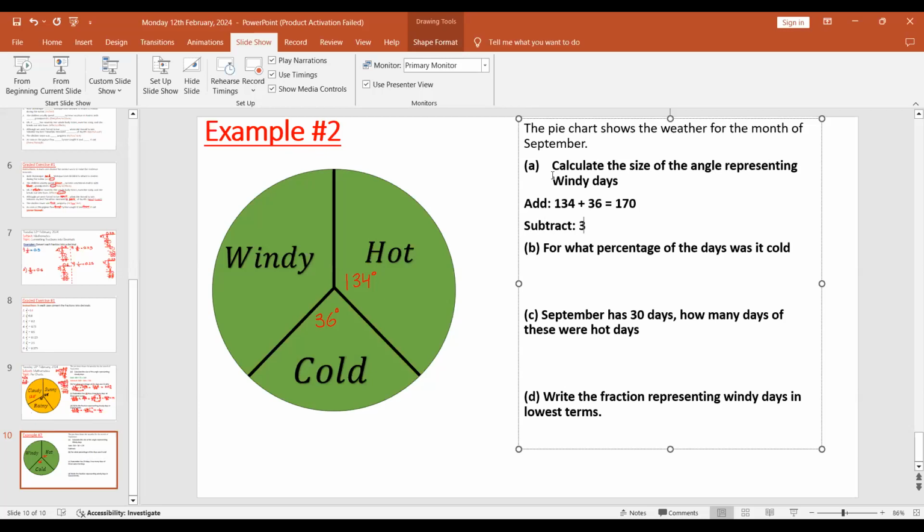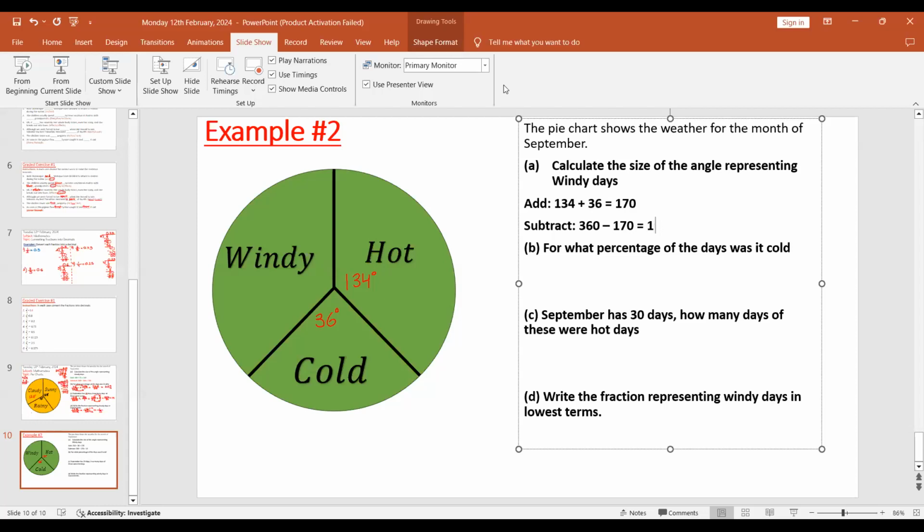So we're going to say 360 minus 170. That's going to be equal to what? 190.